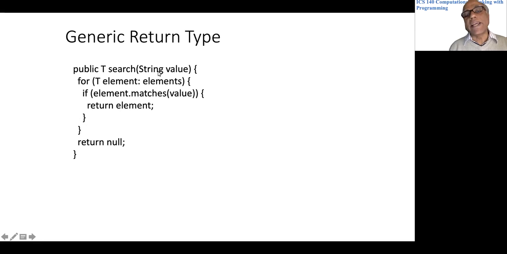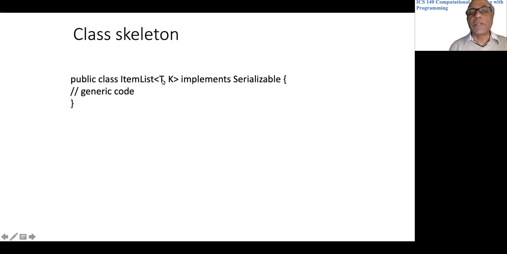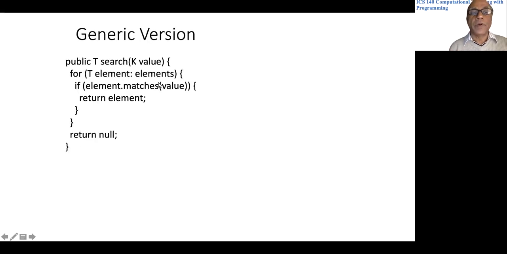So I would like this to be a K. So the generic class ItemList will have two parameters. One is the type of item to be stored, and the second one is the type of the key used to compare. So let's assume that is K. So there are two parameters now to ItemList, T and K. So we have one more refinement, T search(K value). So the parameter has been changed to K.